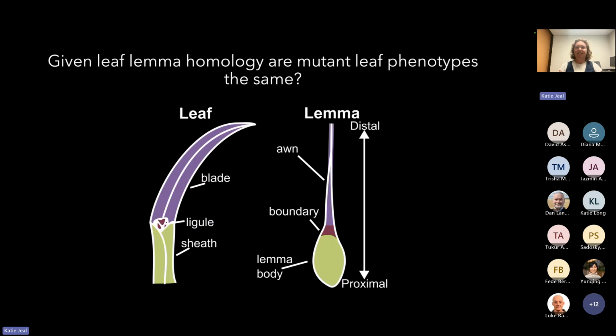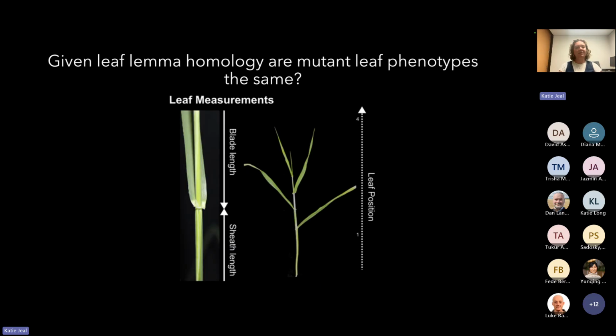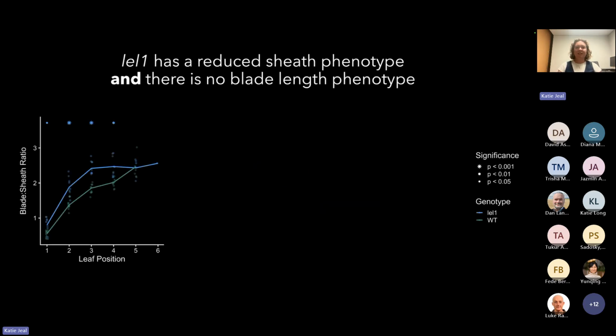We next asked, given our predicted homology between the leaf and lemma, do our lemma phenotypes translate to the leaf? So here again, we measured the same structures, so blade length, sheath length, and leaf position, with leaf 1 being the earliest developing leaf. When we compare these leaves back to our lemmas, we see quite the difference, with these phenotypes not being consistent.